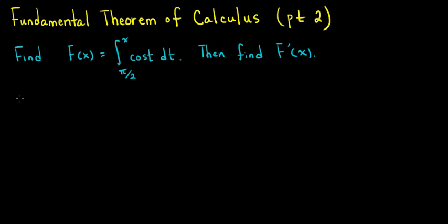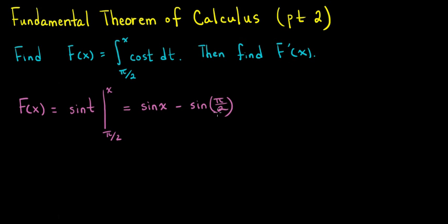So I'm going to start by writing big capital F of x is going to equal the antiderivative of cosine of t, which we know already is sine of t, and we are evaluating this from pi over 2 to x. And so again, using the first part of the fundamental theorem of calculus, we know that this is just simply equal to sine of x minus sine of pi over 2.